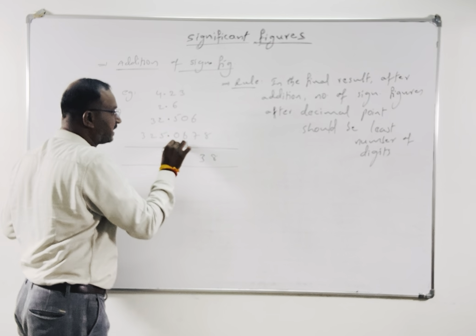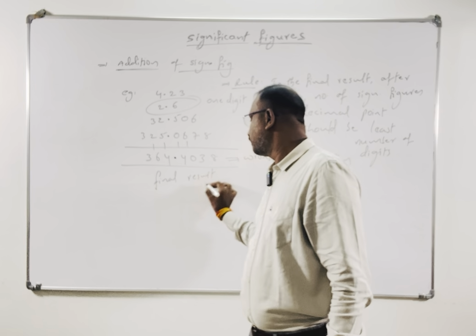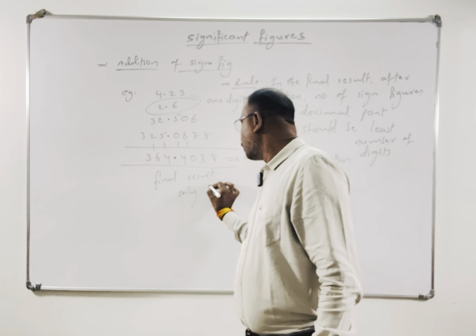So in the final result also, only one digit should be there after decimal point. Before decimal point, whatever may be the number, but after decimal point, it must be only one digit.